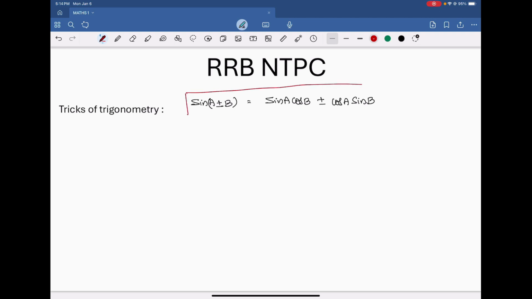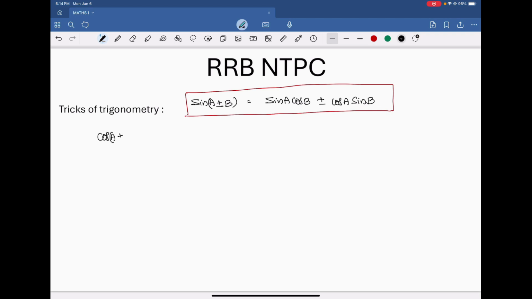Whenever there is a minus on the left hand side, the corresponding minus is there on the right hand side. This is a very, very important formula for relating compound angles and trigonometrical identities. Sin A plus or minus B is equal to sin A cos B plus or minus cos A sin B.